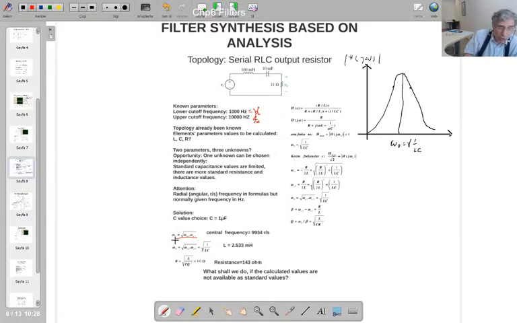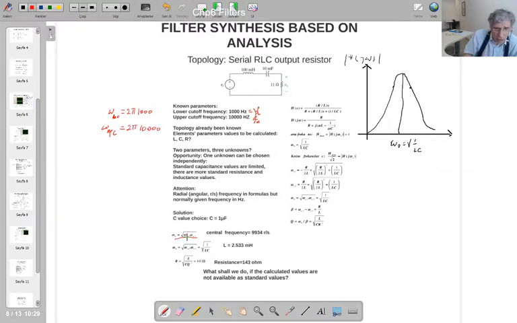In order to find this central frequency, that is angular frequency, we've got to write omega lower cutoff is equal to 2π times 1000 and omega upper cutoff frequency is equal to 2π times 10,000.